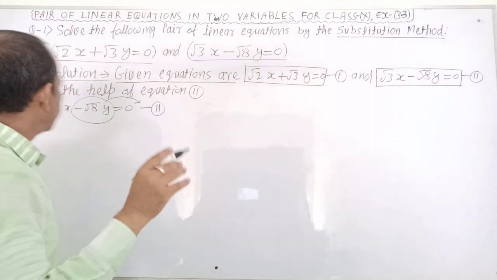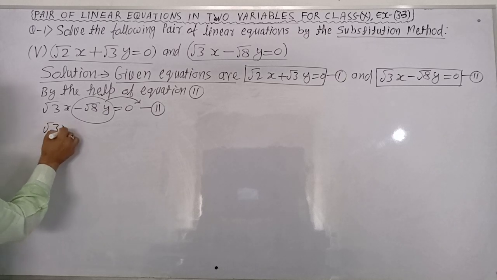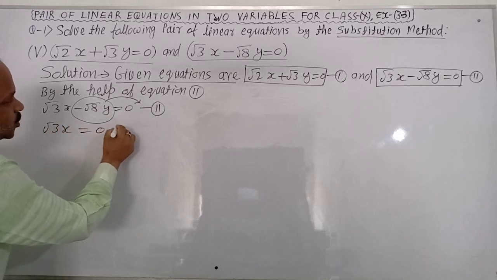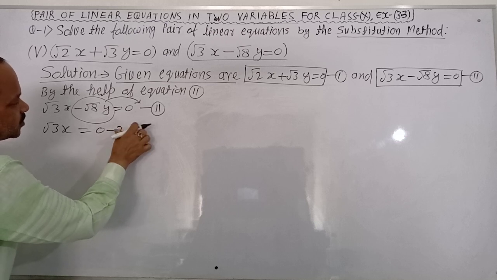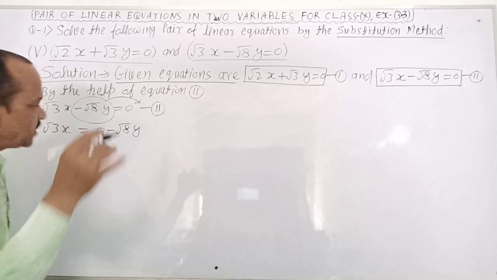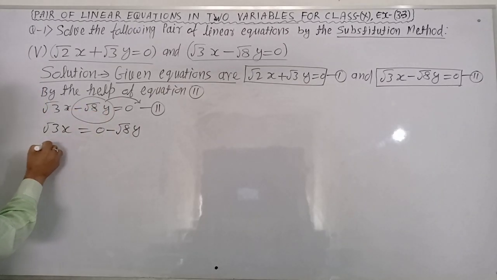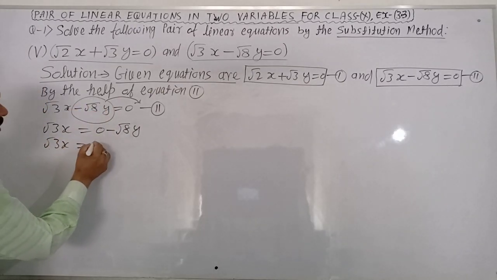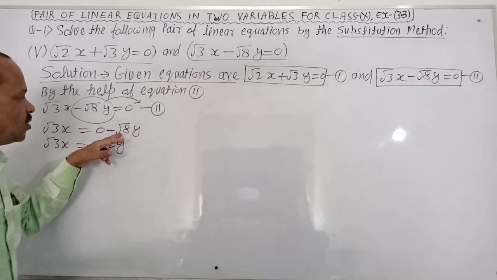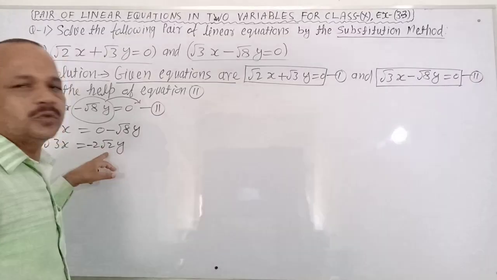It becomes root 3x equal to 0 minus root 8y. Here, root 8 means 2 root 2.